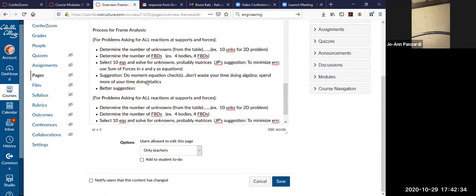I had a math teacher that hated the word plug. He made us say substitute. Substitute the calculated values of unknowns into your equilibrium equations. Yeah, I think that's a better suggestion.